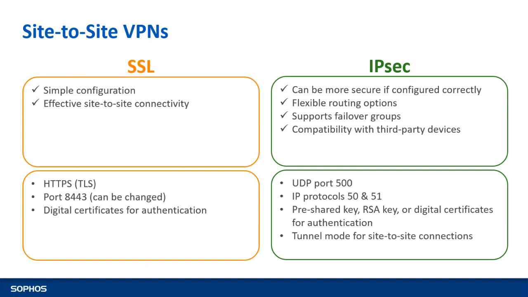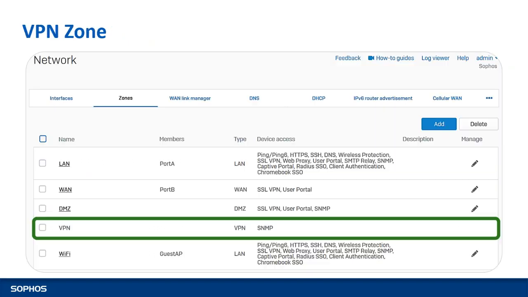IPsec can also be used to connect with third-party devices, but it can be more complex to configure. Okay, so please pay attention to the screen about this information. All VPNs that are created are automatically added to the VPN zone.